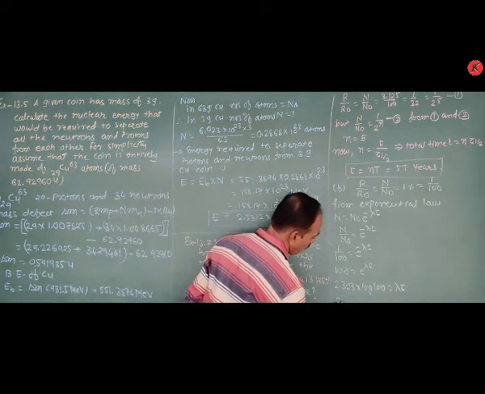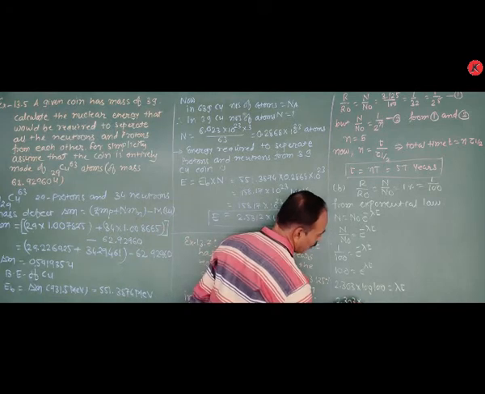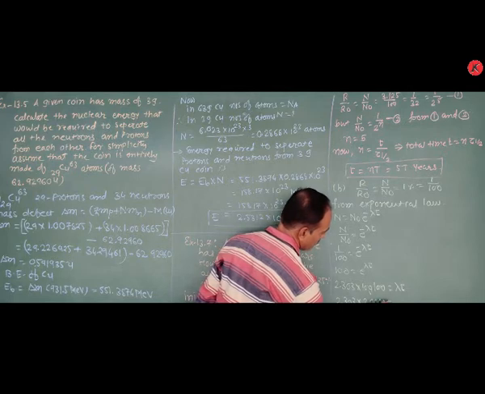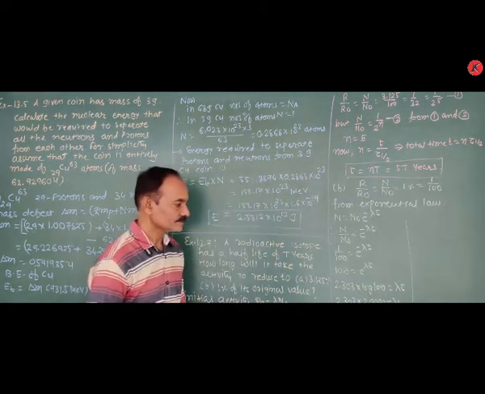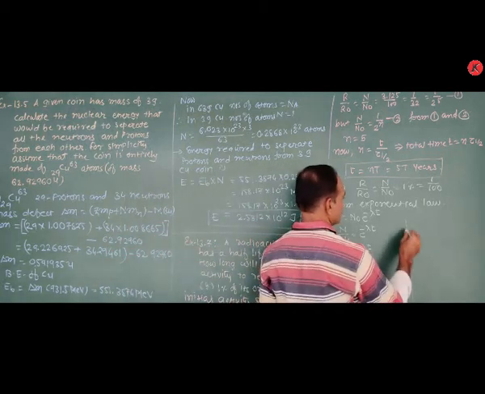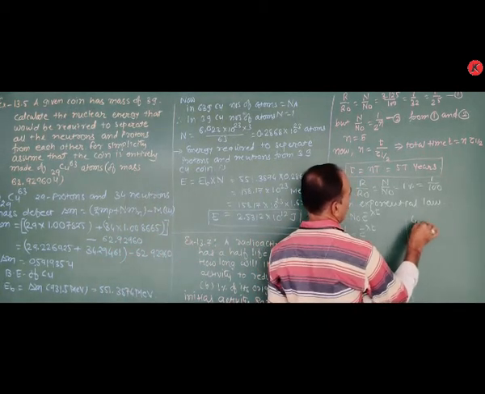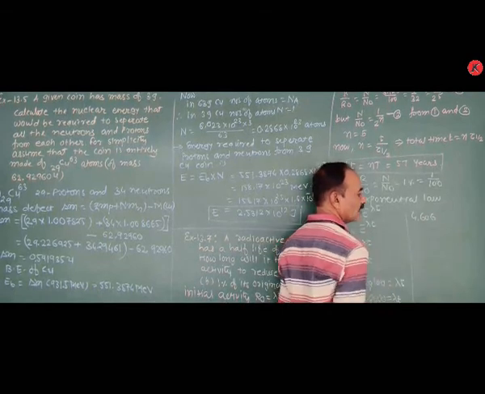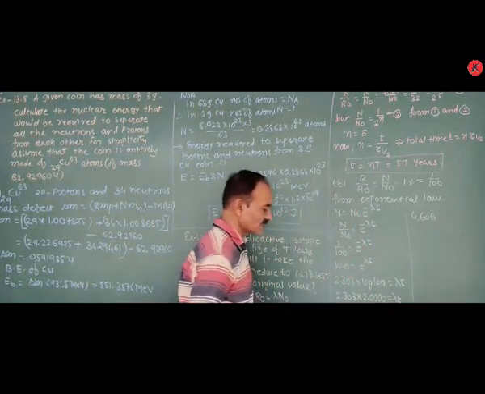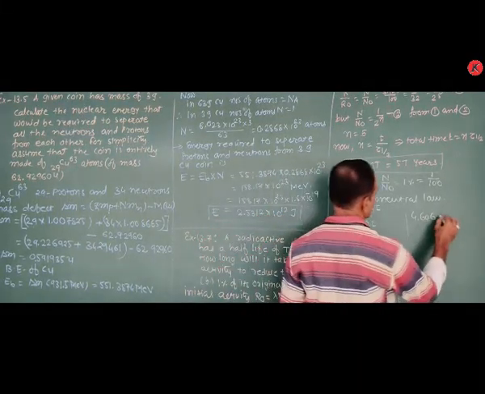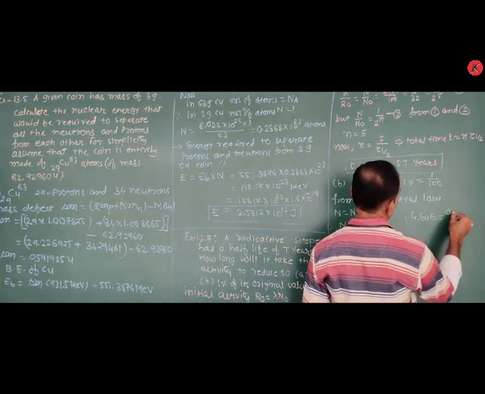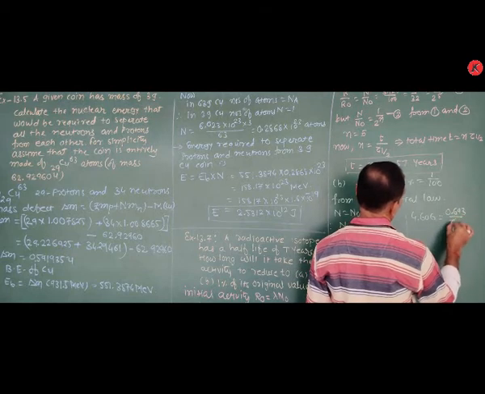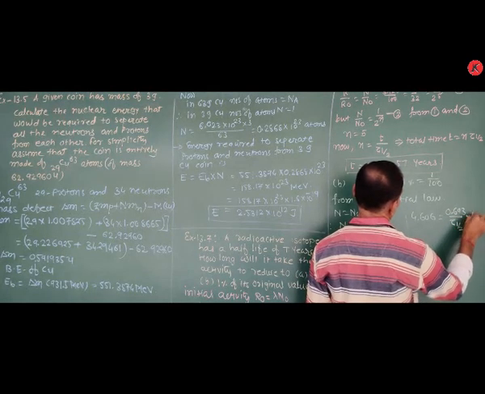Now, 2.303 log 100, therefore 2.303 into 2 is equal to lambda t. Right? Therefore, 4.606 is equal to lambda t. Lambda is 0.693 upon tau half, into t.